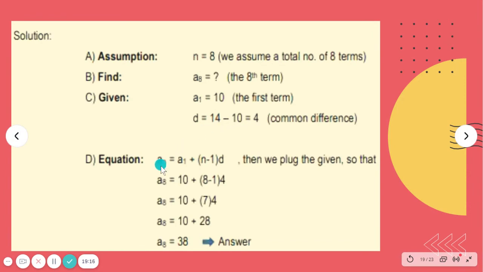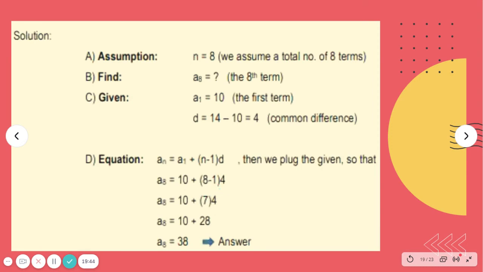So by simply substituting or plugging the information that we got in our formula, katulad nito, sinubstitute lang natin. So a sub n becomes a sub 8, a sub 1 naging 10, our n is 8, and then our d is 4. So by simplifying, unahin muna nating i-simplify yung nasa loob ng parenthesis.